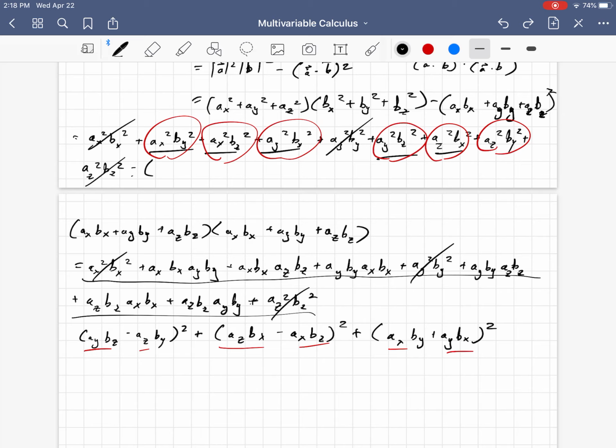Now I need the middle terms, which are all going to be minus signs, which is good because all of that is really a minus sign because of this right here. So now what I need to do is get these terms here.